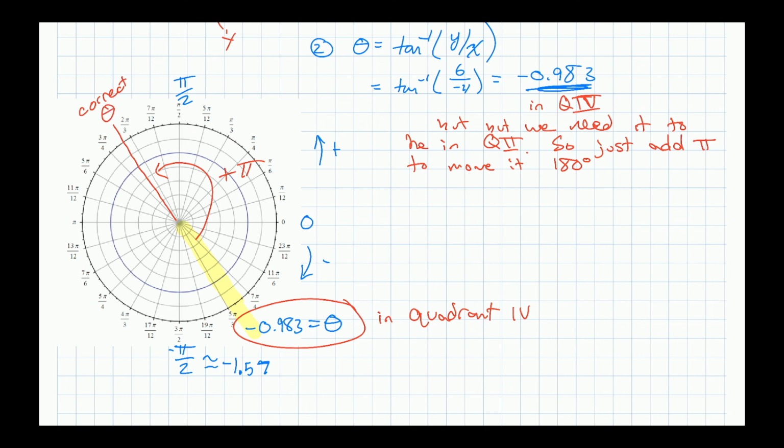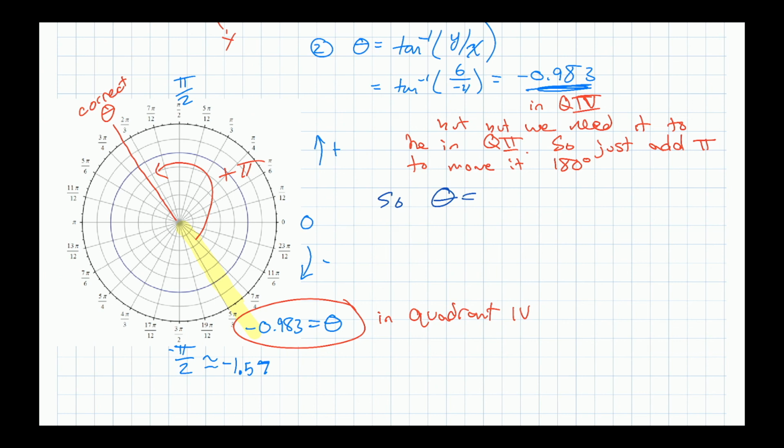All right. So the moral of the story is that was more complicated than I made it sound. It's simple: if you get the angle in the wrong quadrant, just add pi, and that will move it to where you want it. So the correct angle is actually this one.